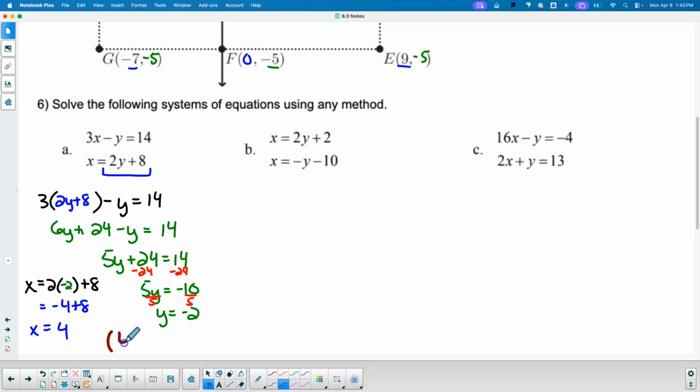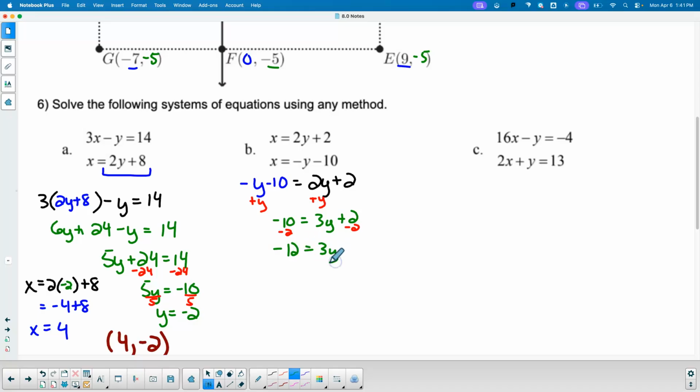So my answer here would be 4, comma, -2. -8 plus 2 is -6.